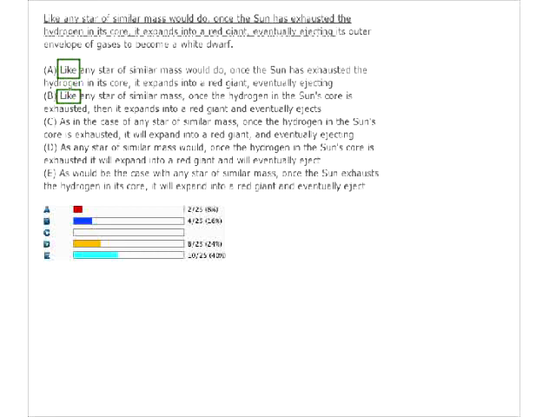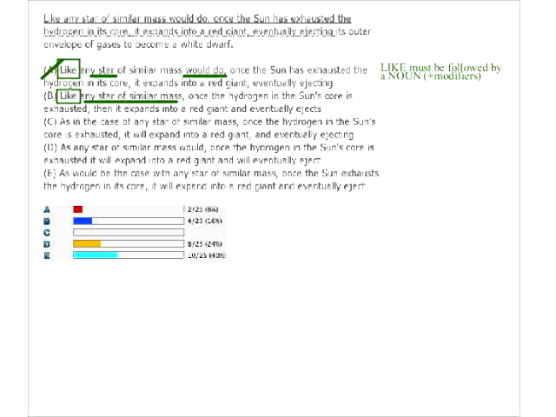Yeah, like must be followed by a noun, perhaps a noun plus modifiers, but definitely a noun. So the problem is that "any star of similar mass would do" is not a noun, that's a clause, a subject and a verb. So this is not okay. Any star of similar mass is fine, so that's not an issue.